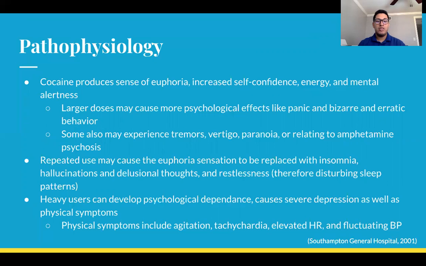And this repeated use can replace the sensation of feeling euphoric with a lot of insomnia, meaning that you're up all hours of the night, you just can't really sleep, therefore touching base on the paranoia and the panic.